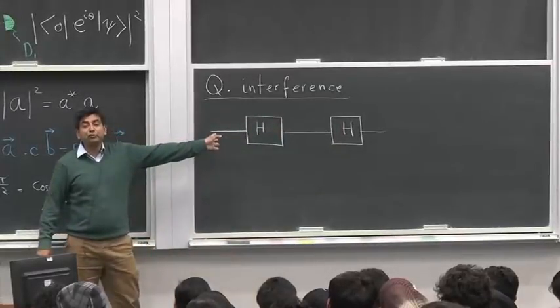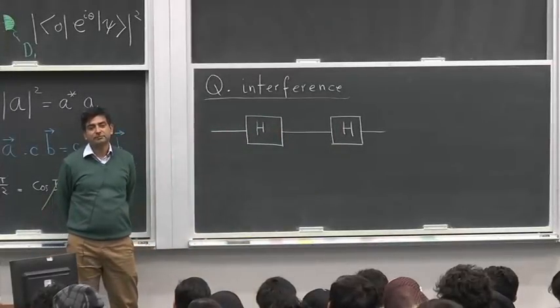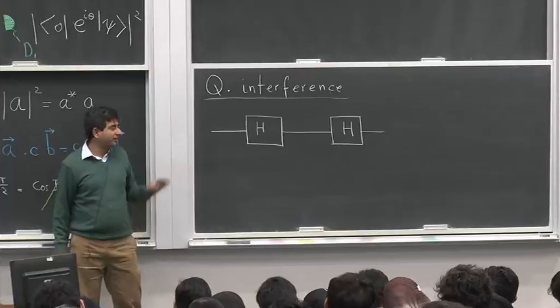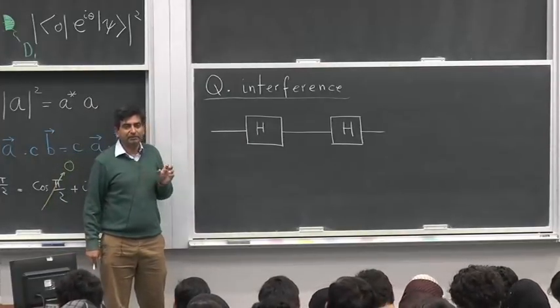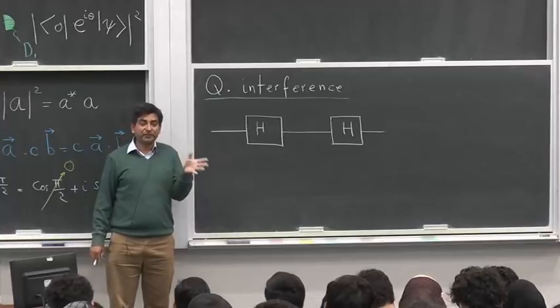Now I've drawn a quantum circuit or a quantum network. A qubit comes in, right? So this is an example of a quantum circuit.